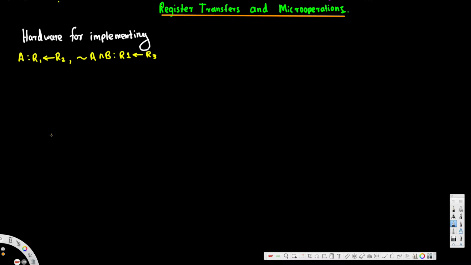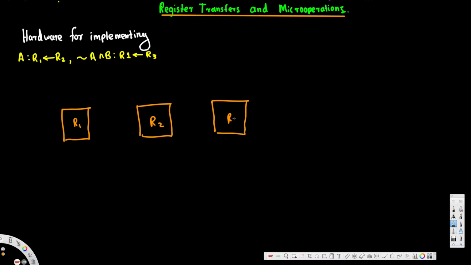First we will have here R1, R2 and R3. So R1, R2 and then R3 right here, and here we will have load enabled right here, load enabled, and here.